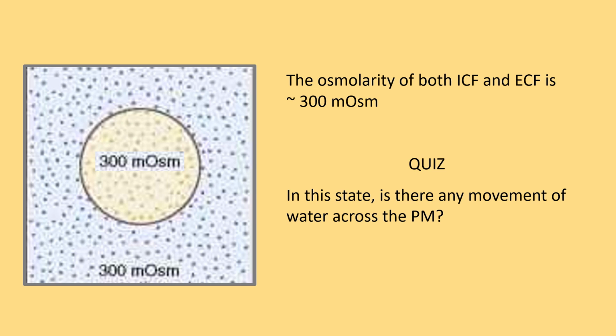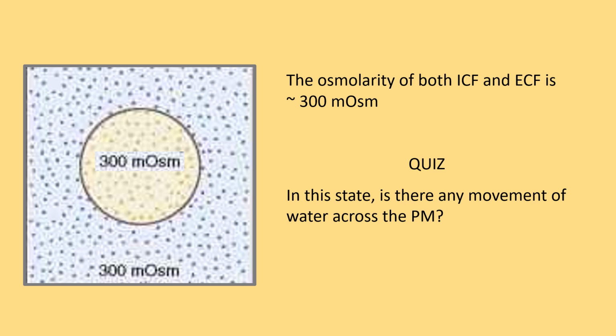So the osmolarity of both intracellular and extracellular fluid is roughly 300 milliosmoles, where a milliosmole is 1,000th of an osmole. In reality, it's closer to 280, but 300 is a nice round number, and it's used throughout your textbook, so we'll work with that.